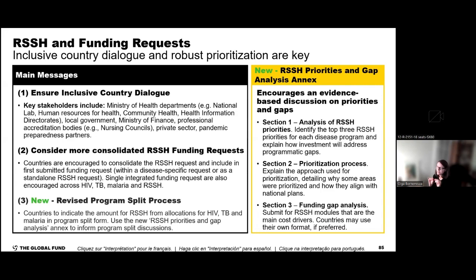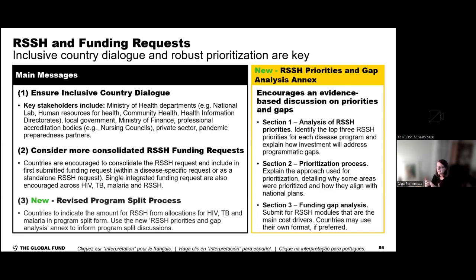The first section is where we ask each of the disease communities to fill in what they think are their RSSH priorities. Where do they want to see the RSSH money going to? What do they want? In the second section, we ask for the disease communities to come together in a meeting and have a discussion about what they together want to prioritize so that everyone is part of the discussion, everyone owns the eventual prioritization of what the RSSH amount is going to be.